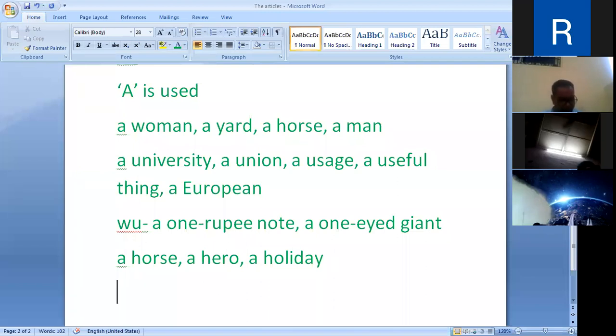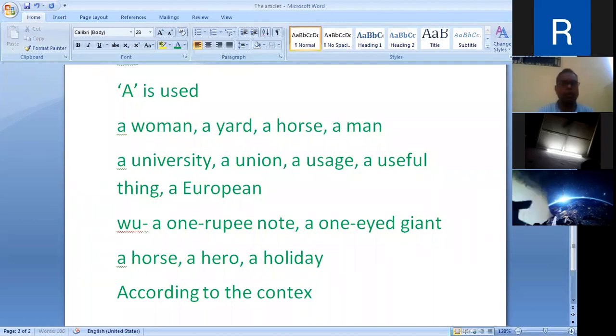Now, for example, look here. The indefinite article A or AN, according to the context.